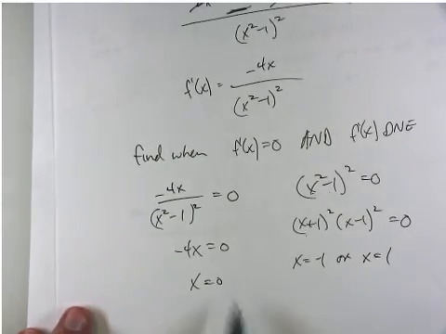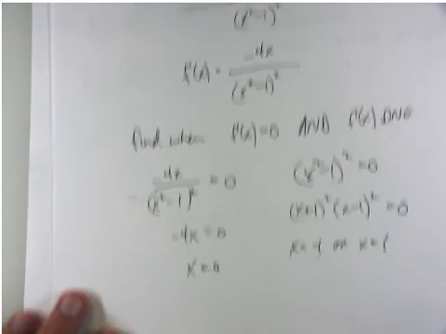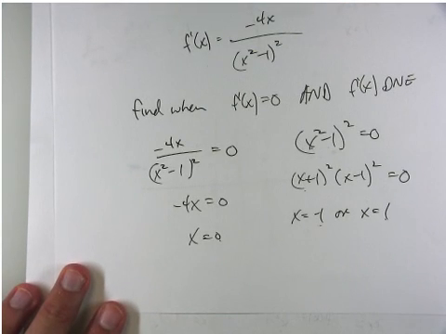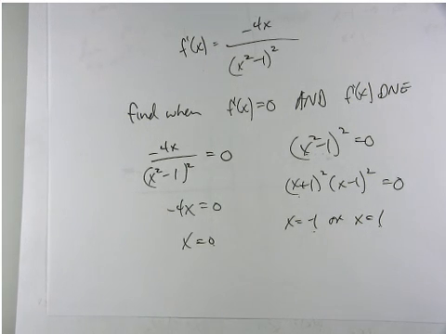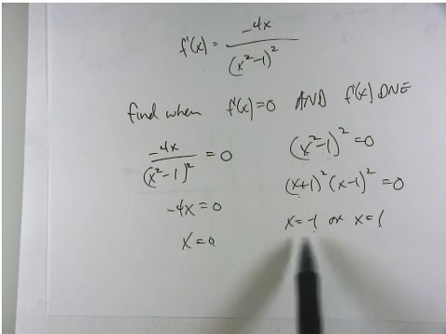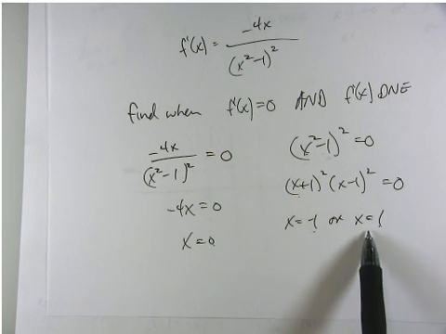All right. So I have these 3 critical values, and what do I do with them? I'd be able to find out what the concavity was. So I'd be able to tell whether it was concave down or concave up at those times, except for positive 1 and negative 1 because the function doesn't exist there.